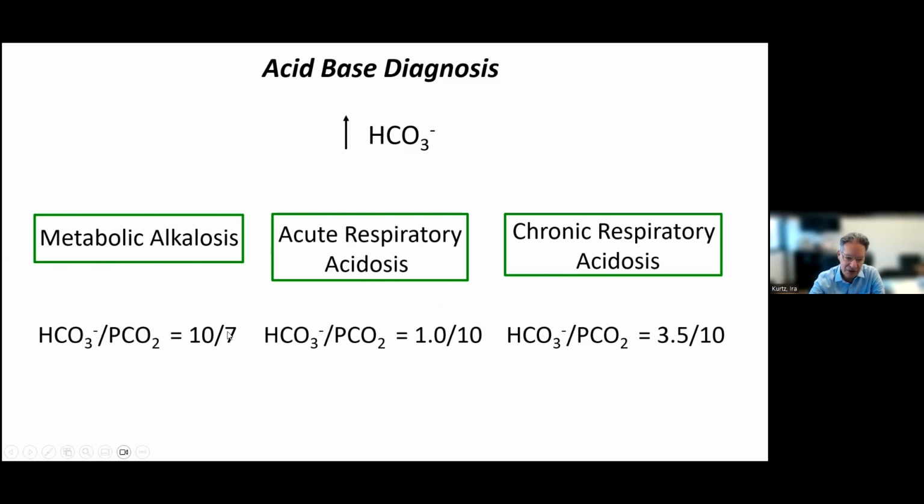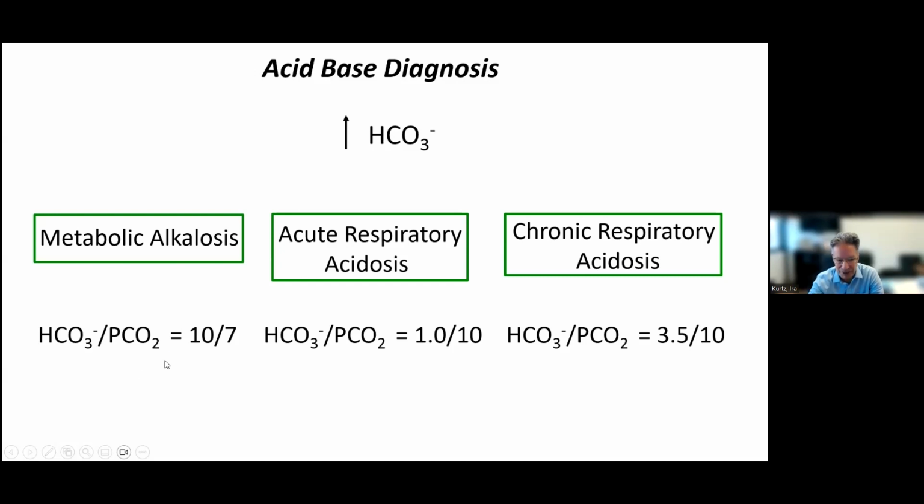Again, you have to memorize this formula because it's not roughly 1. It's a little different from 1-to-1. For every 10 increase in the bicarbonate, the PCO2 goes up 7/10 of that, not quite 10. If they were equal, then it would be 10-to-10 or 10-to-9, similar to what the metabolic acidosis is.